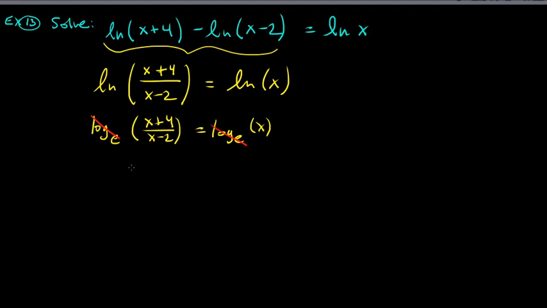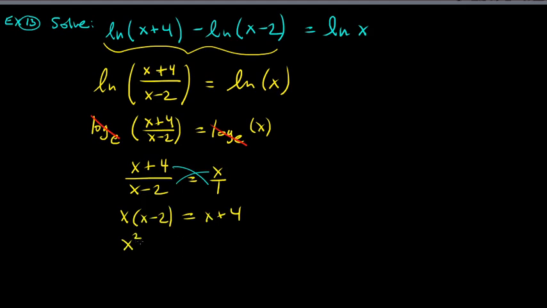And if we do that, we get this equation, x plus 4 divided by x minus 2 equals x over 1. Right. So you get another proportion. And so, yep, same thing here. You can just cross multiply. So let's do that. We get x times x minus 2 is equal to 1 times x plus 4.